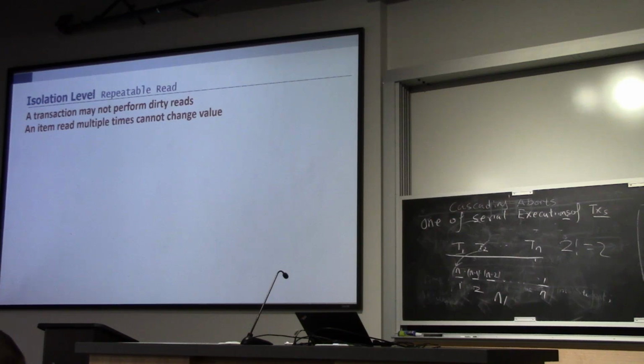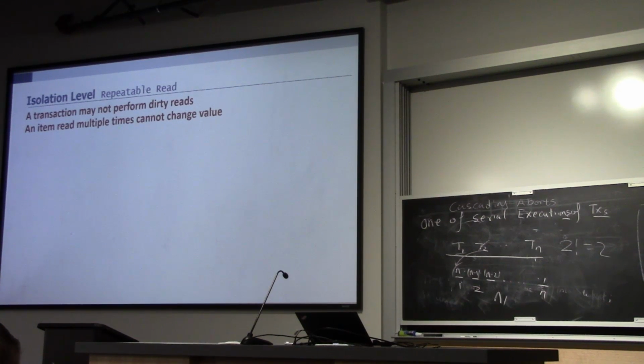So repeatable read has only these two requirements. And you may wonder, okay, fine, let me go with these two requirements, and why is this a relaxation of serializability? Why is this considered to be a relaxed version of serializability?